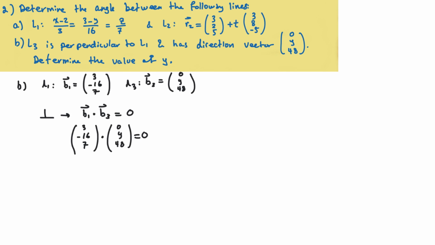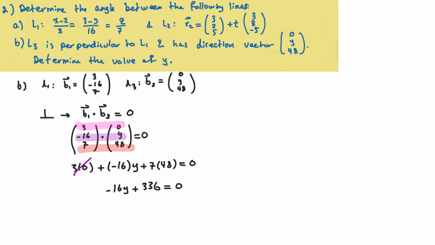We take the x, y, and z components, multiply them, and sum them all up. So we have 3 times 0 plus negative 16 times y plus 7 times 48 equals 0. 3 times 0 cancels out to 0. We have negative 16y plus 336 equals 0.